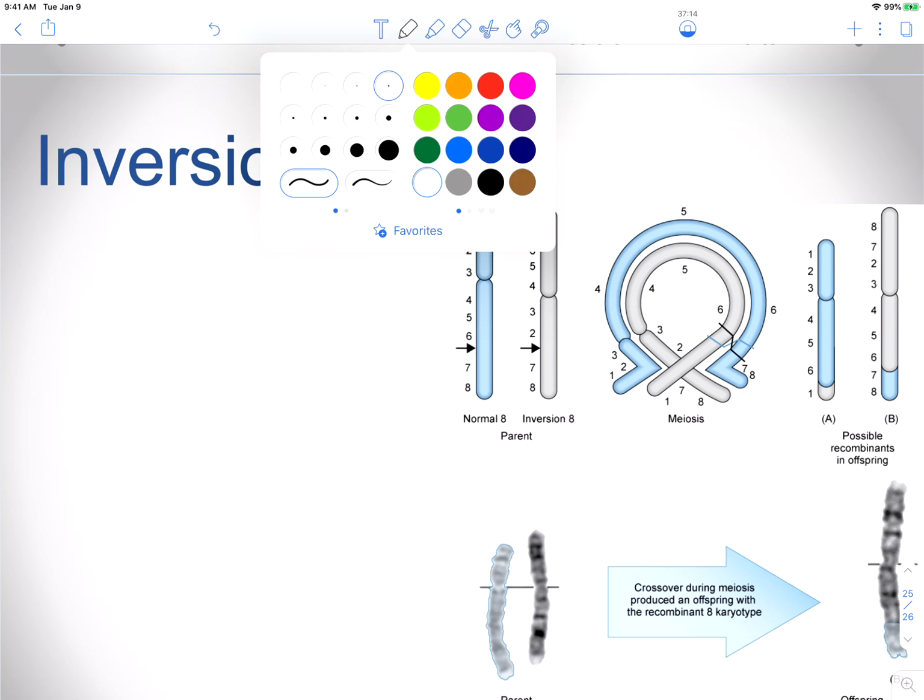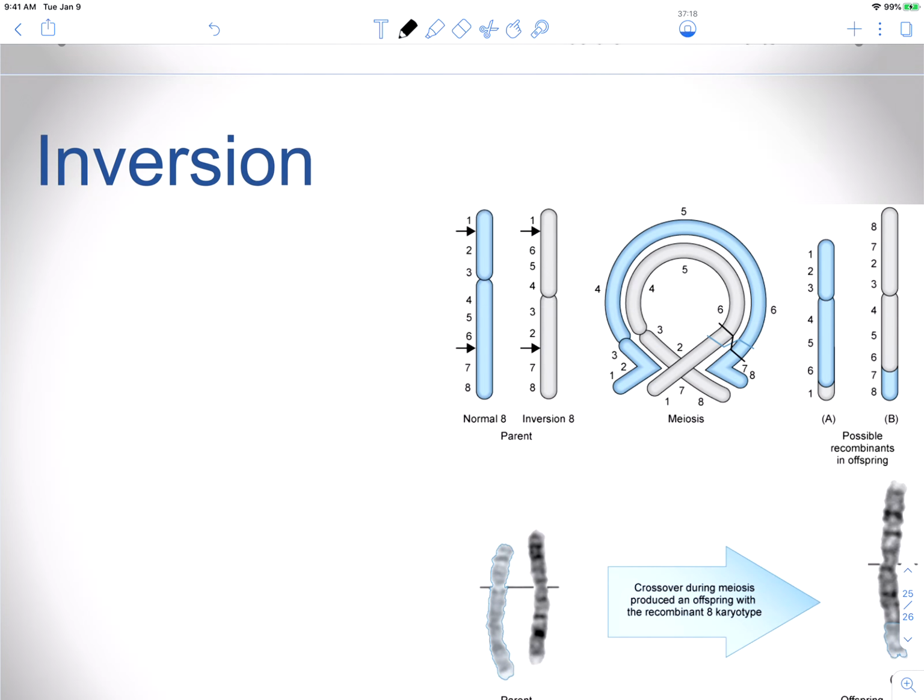The thing to keep in mind here is nomenclature. If it includes a centromere, so this is an inversion plus centromere, then this is called a pericentric inversion.